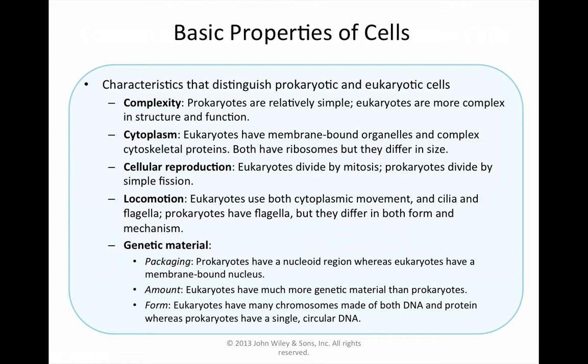So they're going to give the cell shape and movement. We'll look more in depth at these cytoskeletal proteins later, but just know that we have sort of a skeleton within these cells as well. One of the similarities here, though, is that both eukaryotes and prokaryotes have ribosomes, but they do differ in their size.